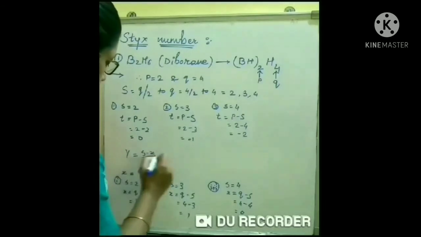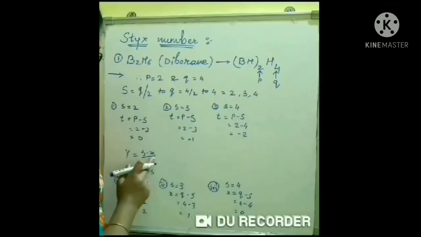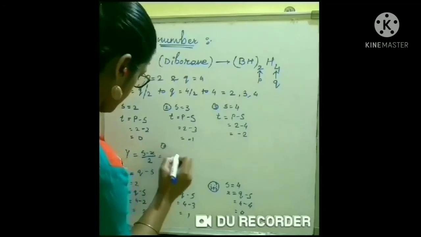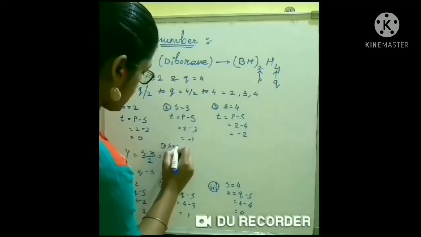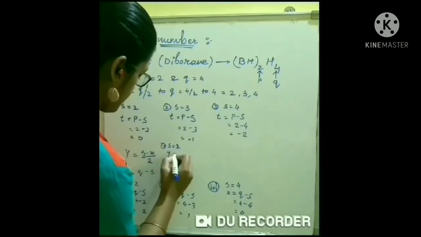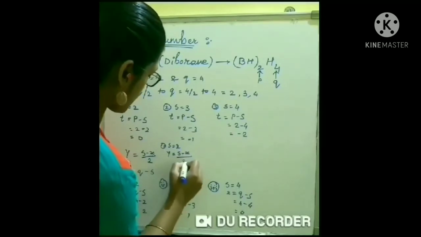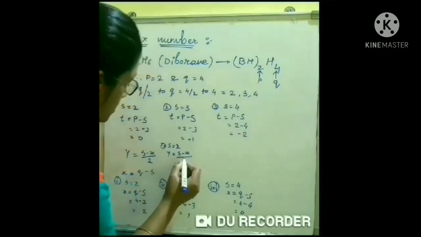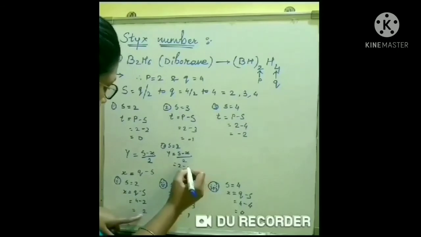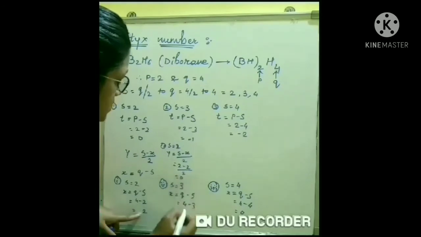Now put the values of X in the equation of Y. First, S is equal to 2. So Y is equal to S minus X upon 2. What is the value of S? 2 minus the value of X; the first value of X is 2. So 2 minus 2 upon 2, the answer will be 0.